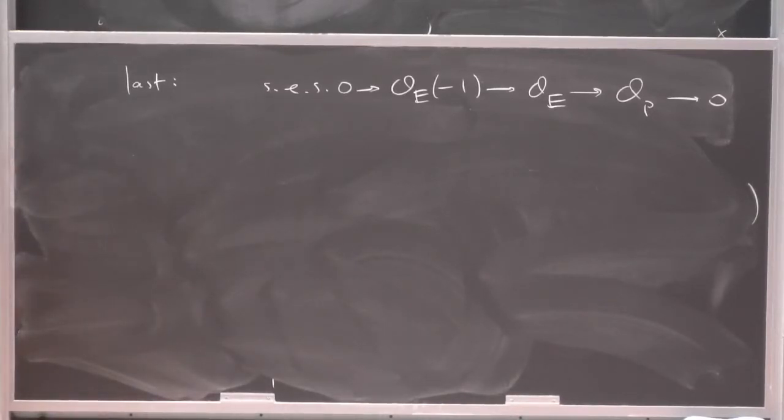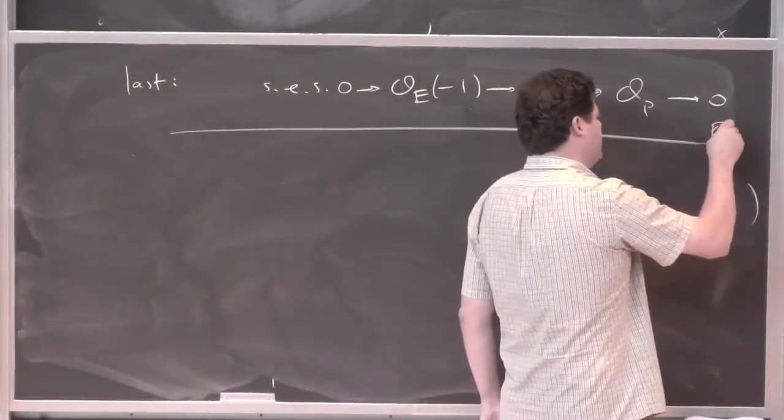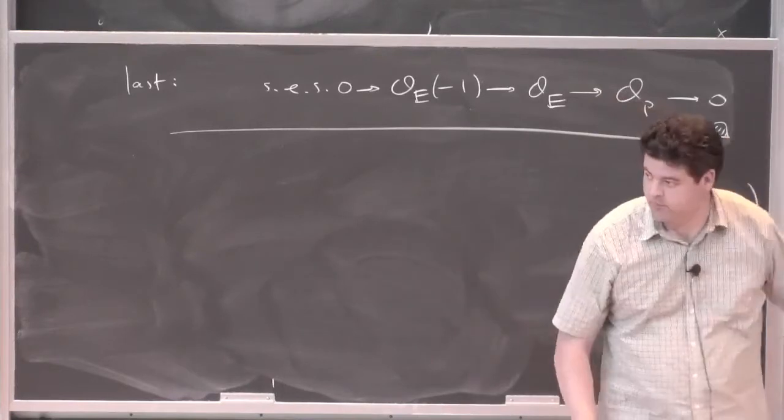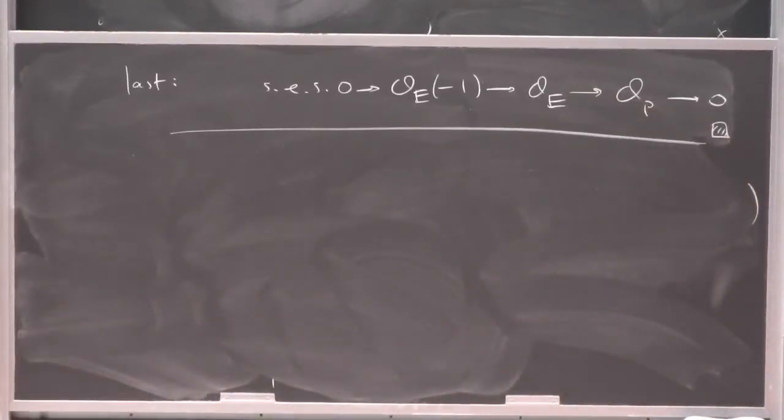There are slicker ways to prove this kind of thing, but I think it's good to get your hands dirty with how the derived category works, how you really calculate. So I still have this IOU that showing that it generates all the points is enough. Questions? Yes?